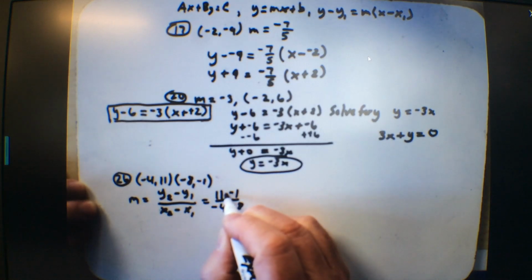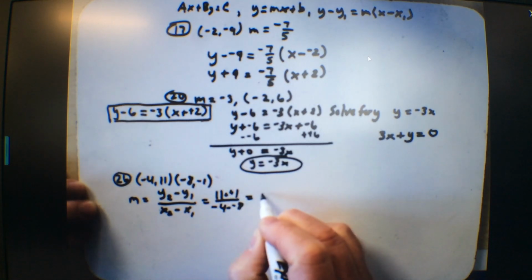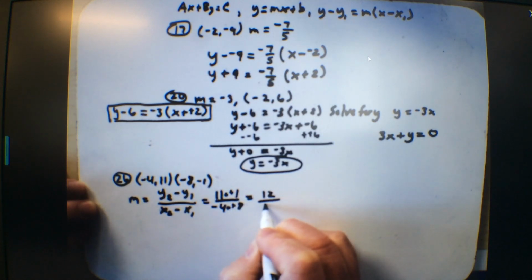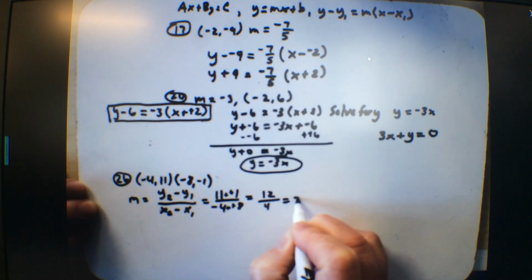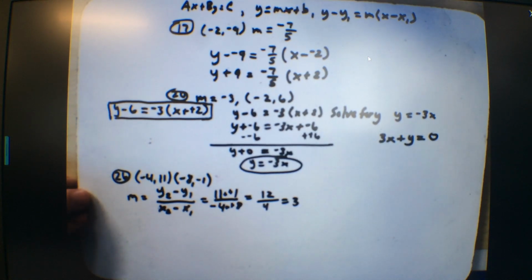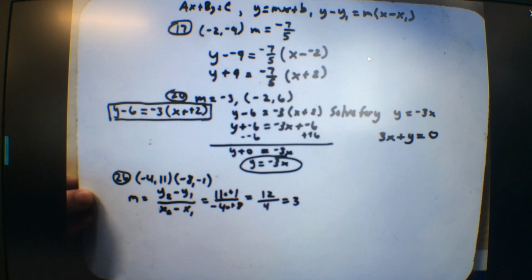So 11 plus 1 is what? 12, and a negative 4 plus 8 is 4, correct? So my slope is 3, all right? Okay, folks. So now, do I have slope? And do I have a point? I do have slope and a point.